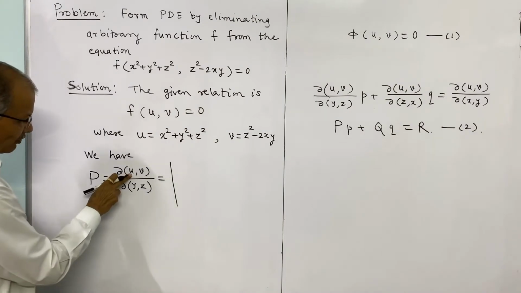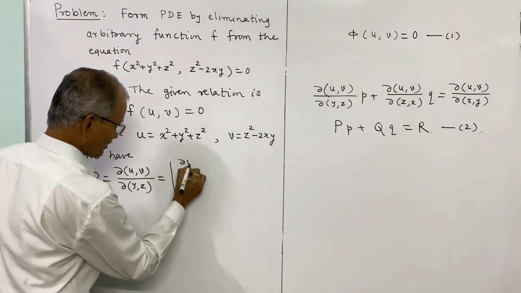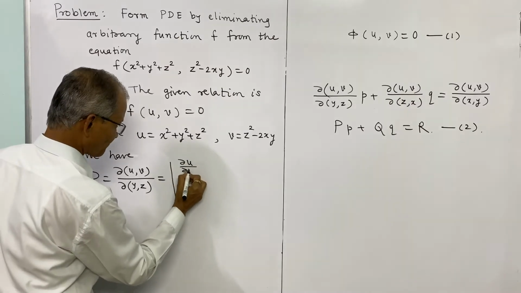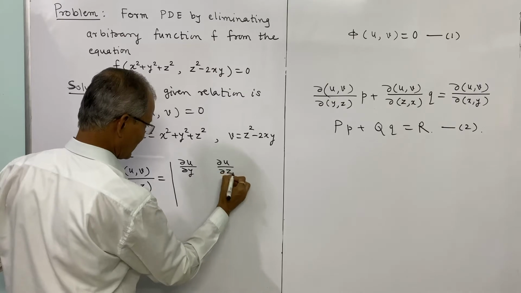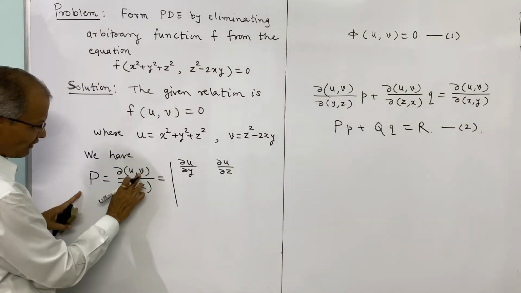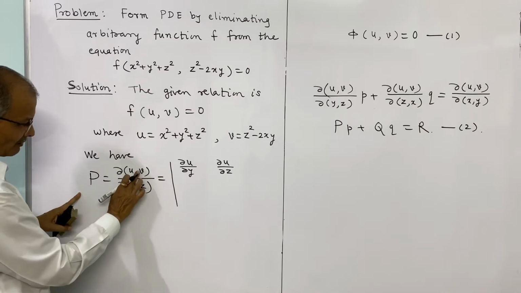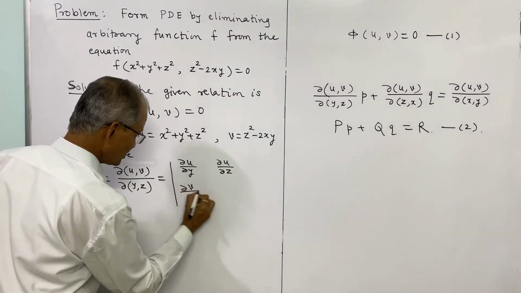The partial derivatives of u with respect to y and z will be the first row, dou u by dou y, dou u by dou z, and the second row of the determinant is the partial derivative of v with respect to y and then the partial derivative of v with respect to z. So it is easy to remember.